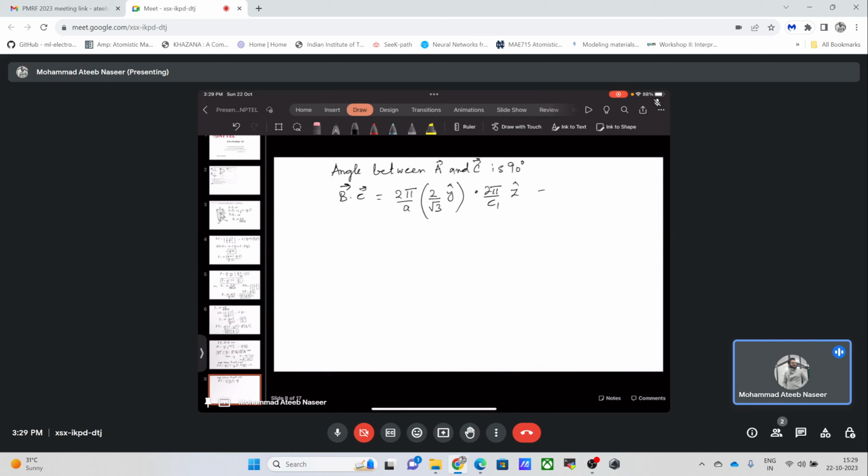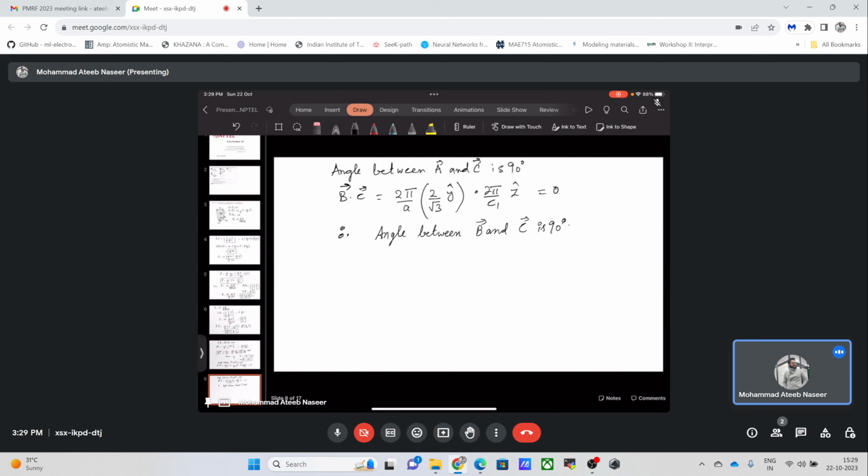So this is also equal to 0. Therefore, the angle between B and C is 90 degrees.